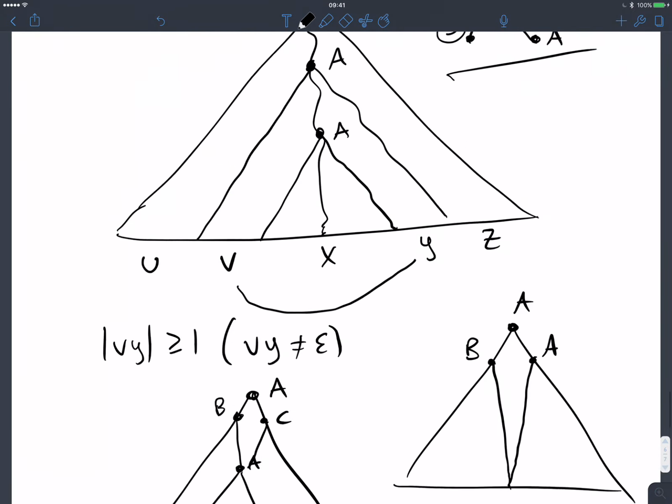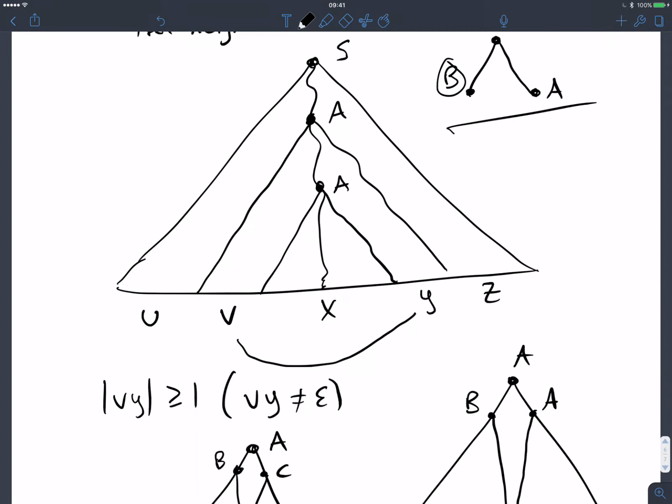Yeah, so if they were both empty, then that would mean that the second occurrence of A and the first are the same occurrence. Because if one of them fell lower, then it must make the other side, since it has two variables, the other side must make at least one character. So the second occurrence can't make everything the first did. Yeah. Now, also due to the rules about you can have repeated rules, that second A doesn't necessarily need to make the A, right?